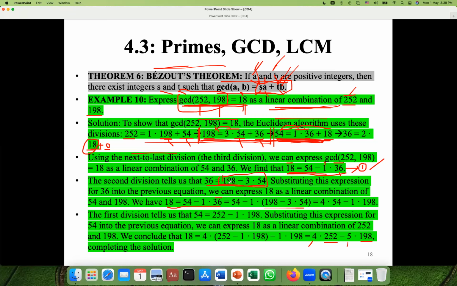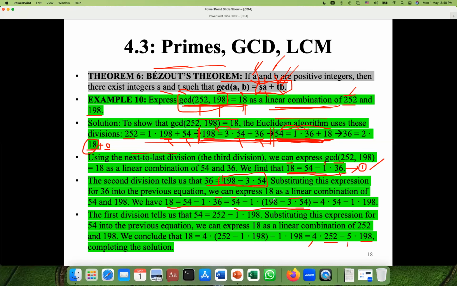So be with me. I am just replacing this value of 36 here in this equation 1. And then we are getting 54 minus 1 times (198 minus 3.54). Now simplify it. This is 3 times 54, and this is only 1 time 54, but not mentioned.